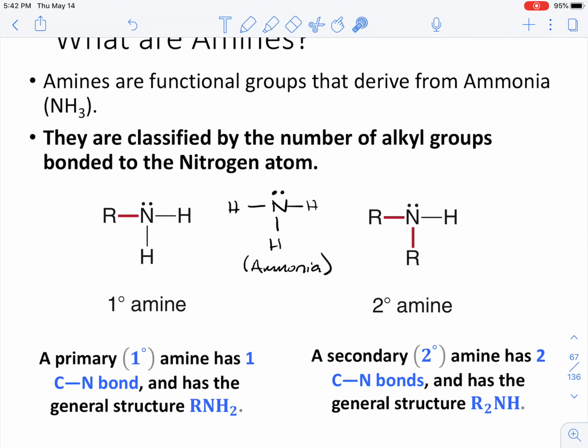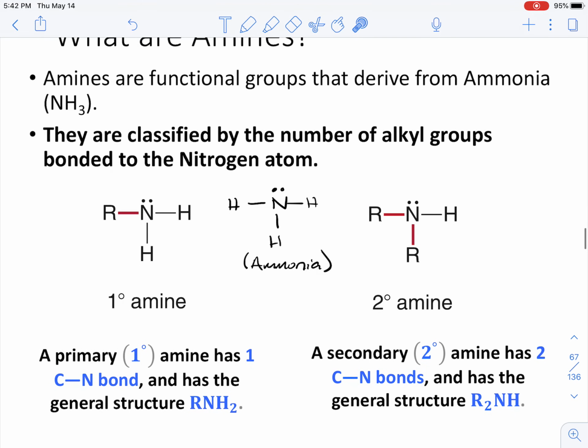However, the biggest difference is that we're looking directly at the number of alkyl groups bonded to the nitrogen atom, whereas in the classification for alcohols, we had to look at the carbon that the alcohol was attached to, to determine if it is a primary, secondary, or tertiary alcohol.